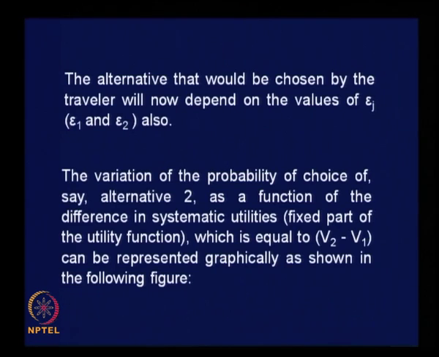Our interest is to find out the probability of choice of mode 2, that is why we have put V2 minus V1 here, right. It can be represented graphically as shown in the following figure.